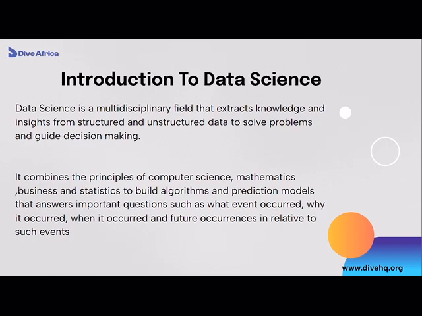You could use it anywhere. It's a very important skill set. I like to call it the bedrock of technology. Because data is relevant across everything, there's no innovation coming up that is not dependent on data. So that's why data science is a multidisciplinary field.